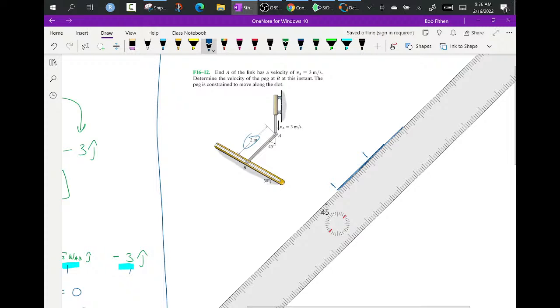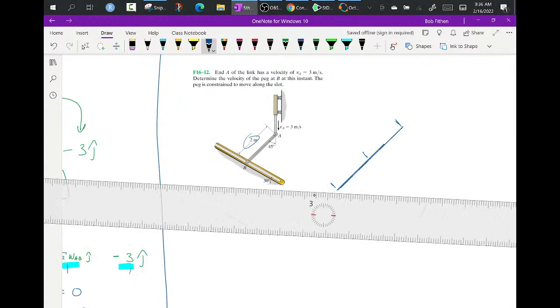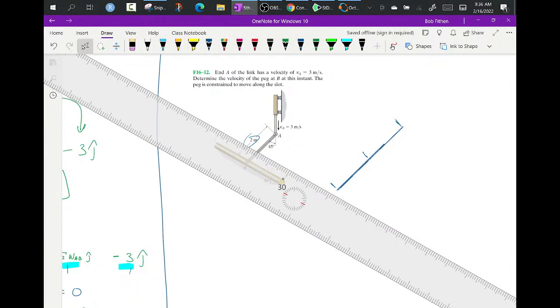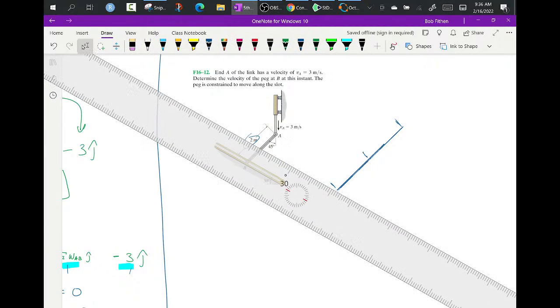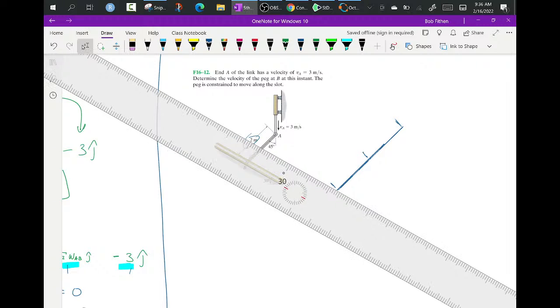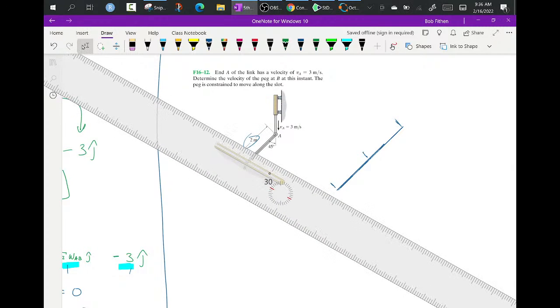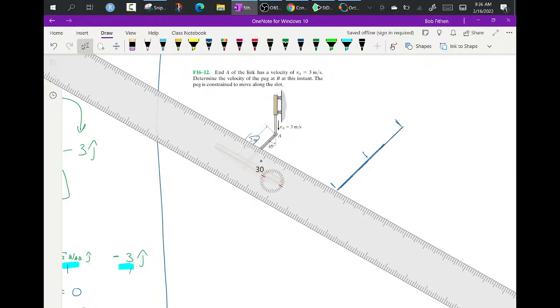Okay. Here's 2. Now I'm going to tilt this up at 30 degrees. And at 30 degrees, I'm trying to get this to line up here. There. So this is the direction of the velocity.